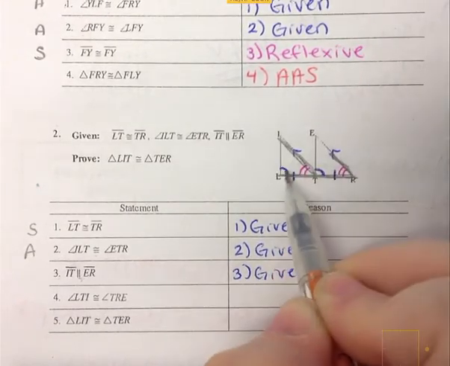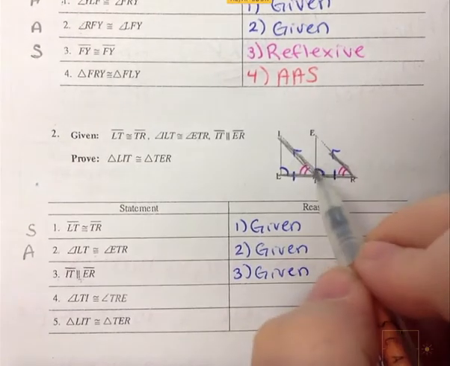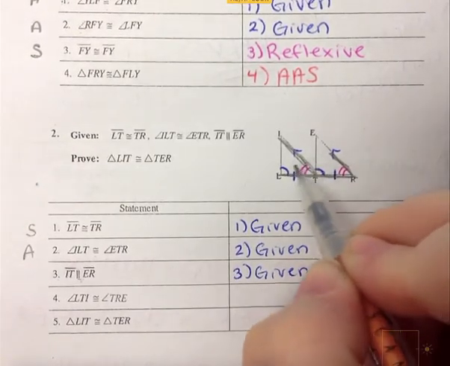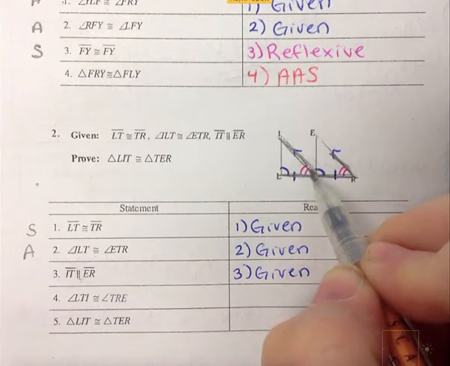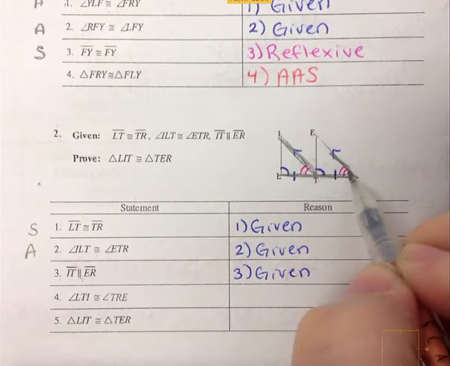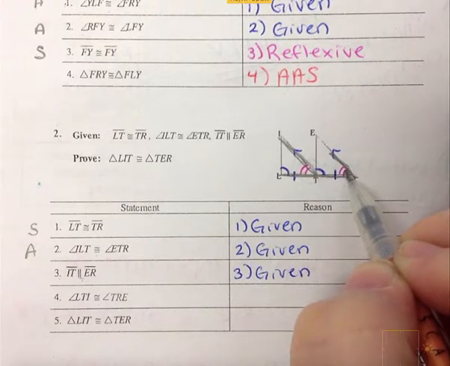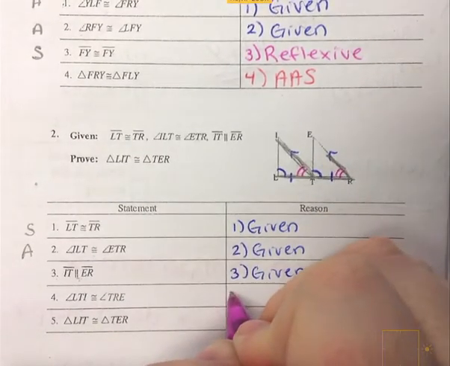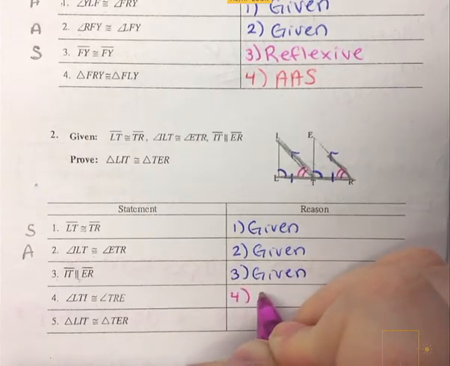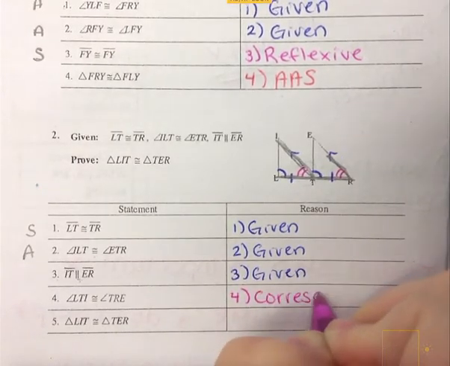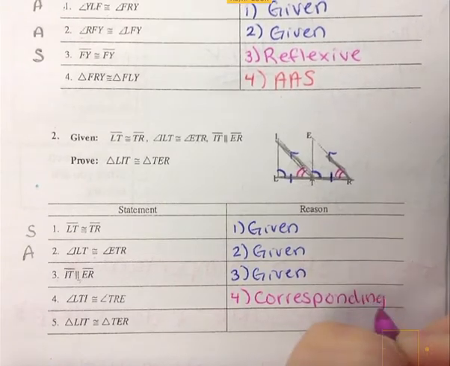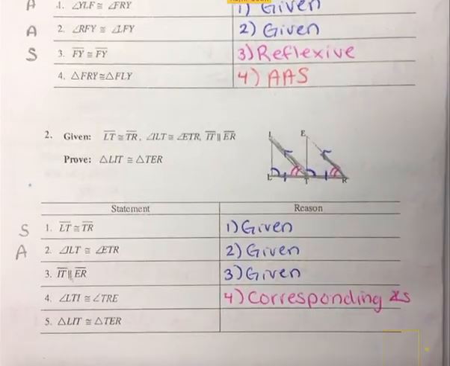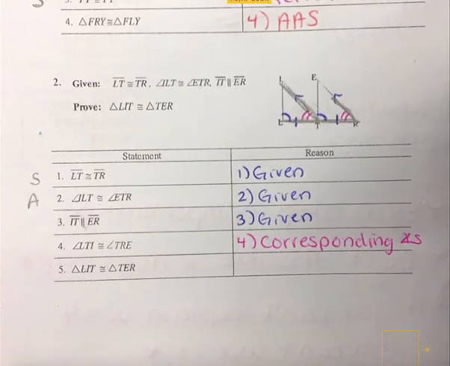We have the parallel lines and the transversal. In this grouping on this parallel line, my pink marks are above the transversal, so top left. If I come down here, these are also top left. So these are corresponding angles because they're in the same location, just on a different level. So these angles are congruent because of corresponding angles, and that is a postulate, which is why we're allowed to use it.